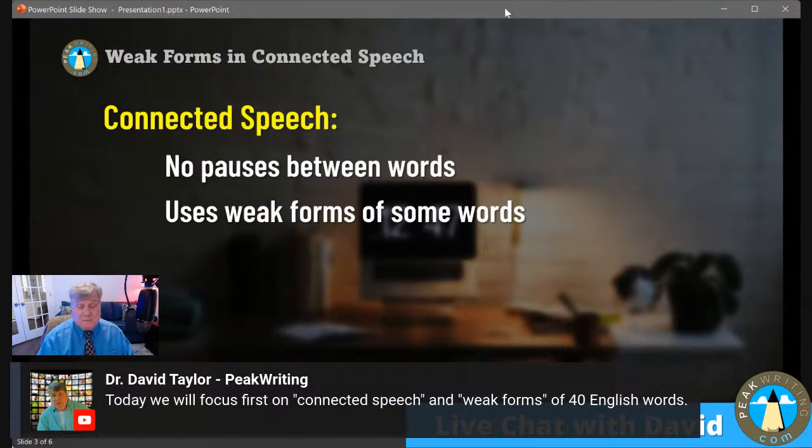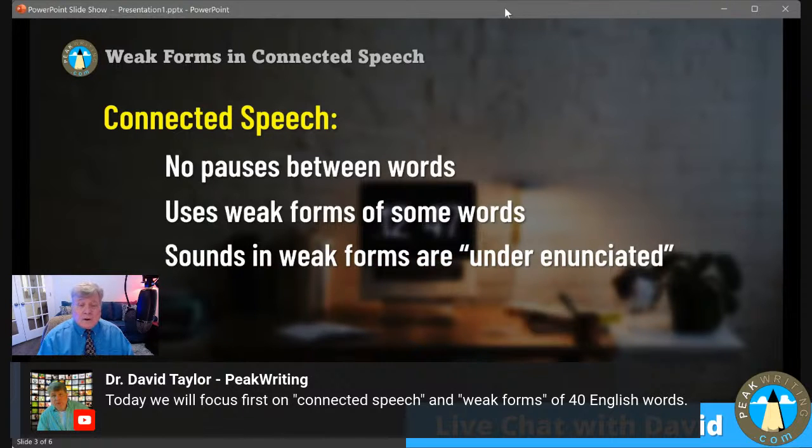These are words, there are about 40 of them, that have two forms, two pronunciations. One is a strong pronunciation, and the other is its weak pronunciation. The sounds in these weak words are what is called under-enunciated.